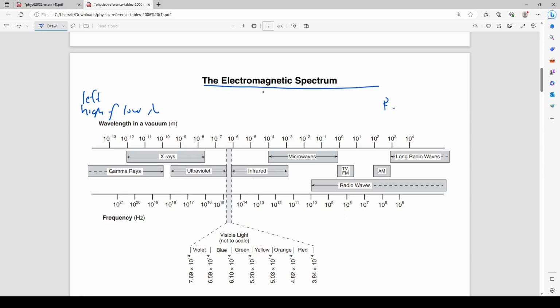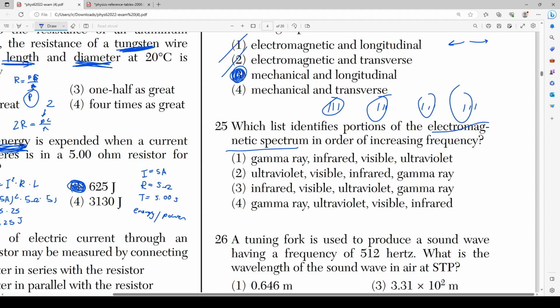Anything to your right is going to be high lambda, or high wavelength, and low frequency. So from here, we automatically know that gamma rays have the highest frequency, 10 with 21 zeros attached to the end of it. So if it's in order of increasing frequency, gamma rays should be at the end, and our answer here is going to be 3.